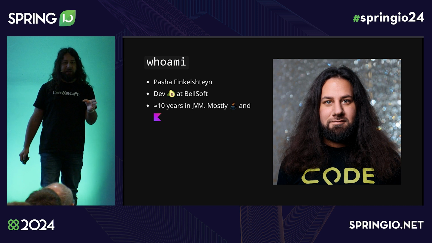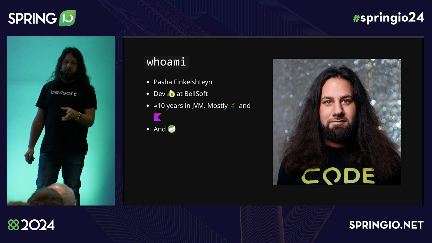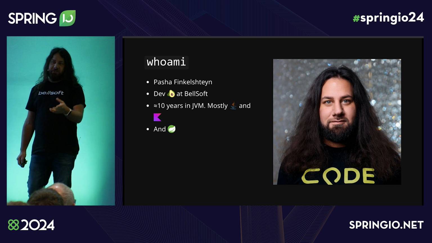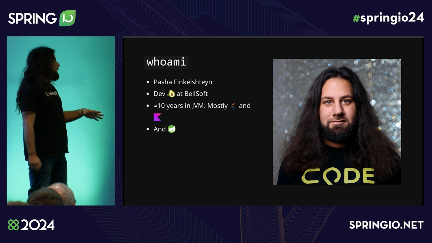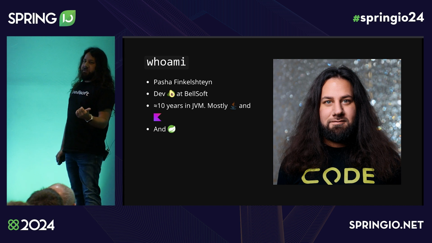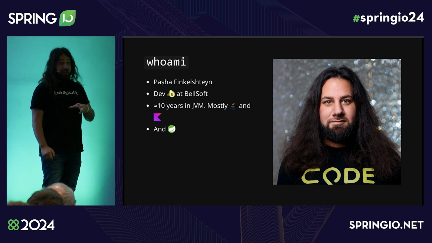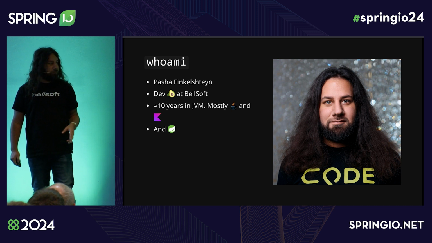But I've actually been in JVM for almost 15 years. And I still continue writing code. You cannot stop, because I should know what's going on in the world of development. And the majority of this time I was a very good friend of Spring. I loved it. Still love it.